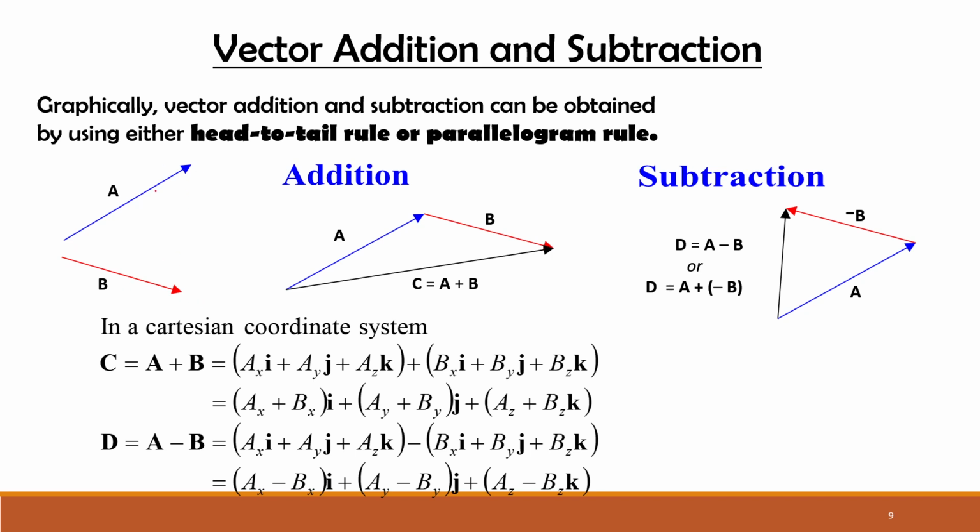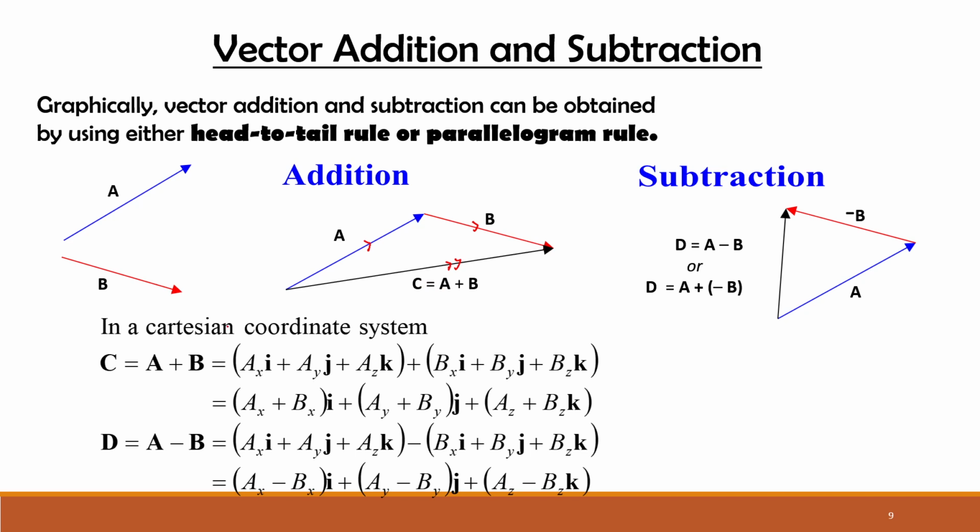You want to do A plus B. So you draw vector A, the blue arrow, and then at the end of vector A, you add vector B. So the resultant goes from the starting point to the ending point. This is vector C. Vector C is A plus B.